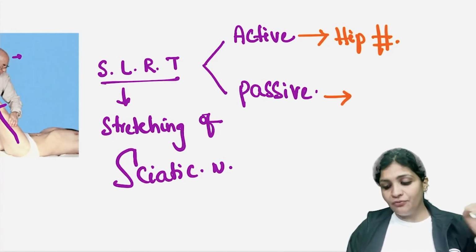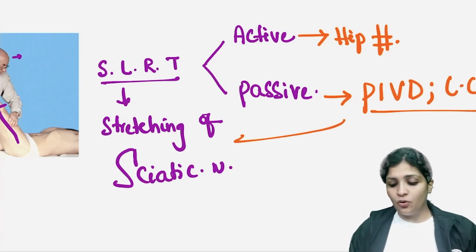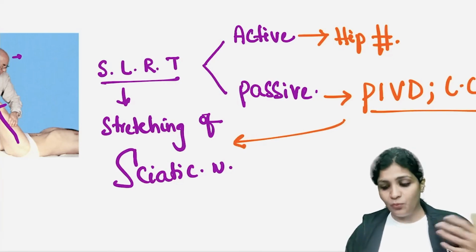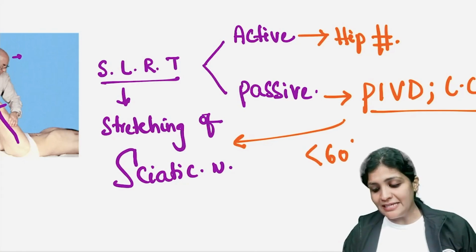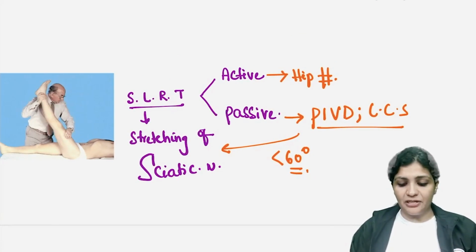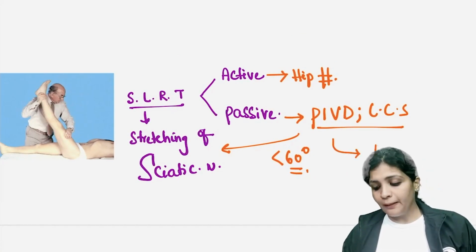But passive SLRT is for your PIVD or lumbar canal stenosis, where you put pressure on the sciatic nerve, and the patient winces in pain at less than 60 degrees. If the limb is at less than 60 degrees and the patient is wincing in pain, this could be a probable PIVD or lumbar canal stenosis.